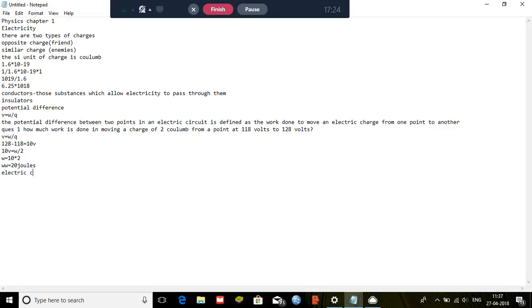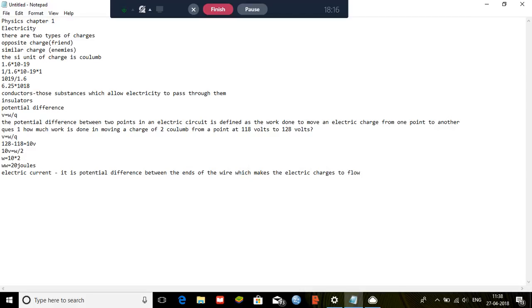Electric current is the potential difference between the ends of the wire, which makes the electric charges flow in the wire.